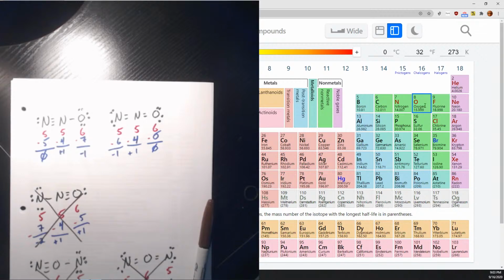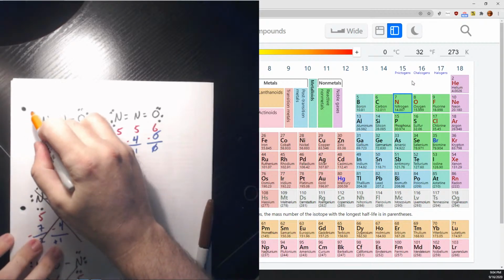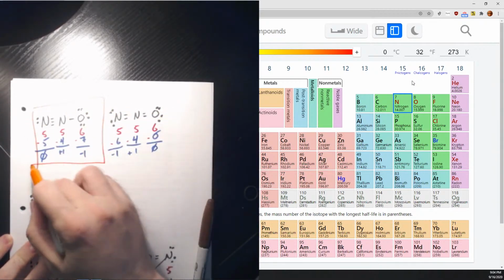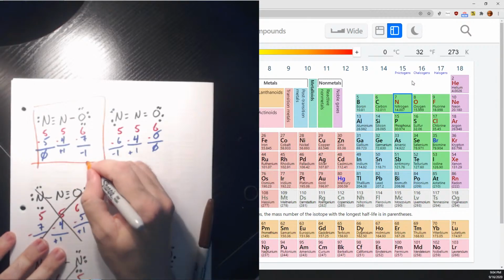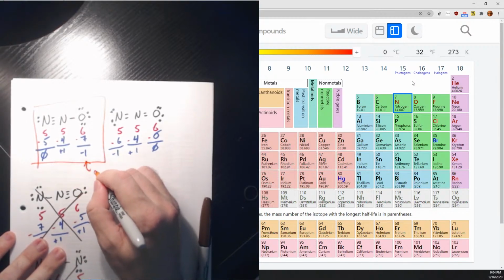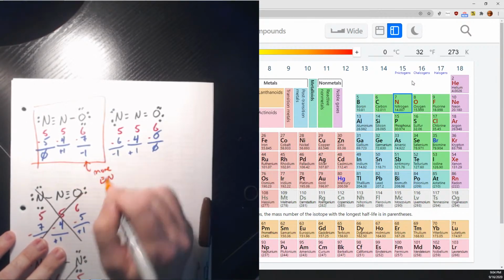Second highest is oxygen. Take another step to the left, nitrogen has a lower electronegativity. So oxygen should have the negative formal charge, meaning that this guy right here is the best Lewis structure. Negative charge on the more electronegative element.